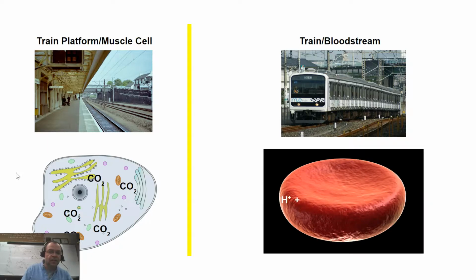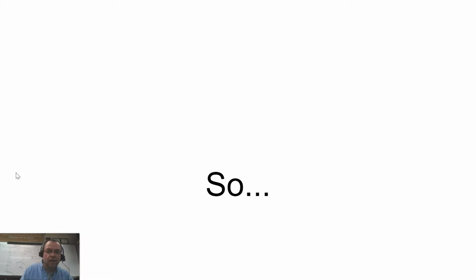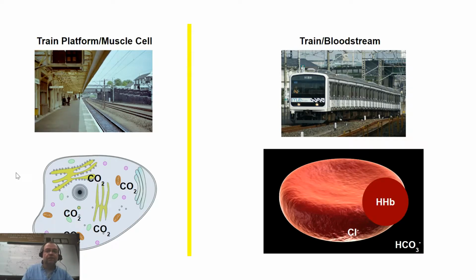So we take H+ and bind it to hemoglobin and form HHb. This again is not oxygenated, so we're staying dark red. So we effectively have HHb, a protonated hemoglobin, inside the red blood cell, as well as Cl-, and HCO3- bicarbonate is outside the cell.